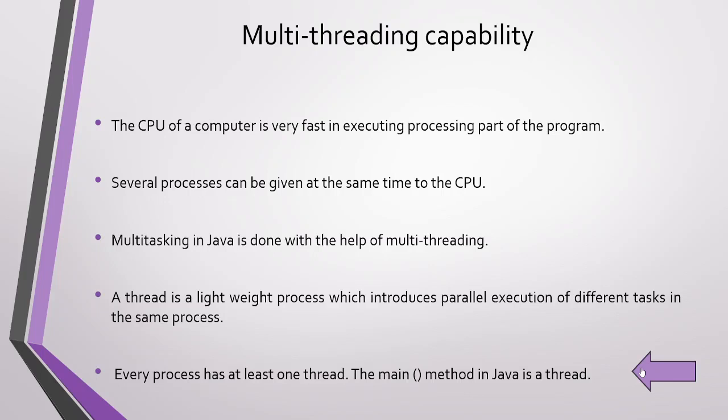So we can give several processes, like we can open a browser, Excel, Word, several processes. And multitasking in Java is done with the help of multi-threading. This is a parallel execution of different tasks in the same process. It is a lightweight process. And every process has at least one thread. The main method in Java is a thread.